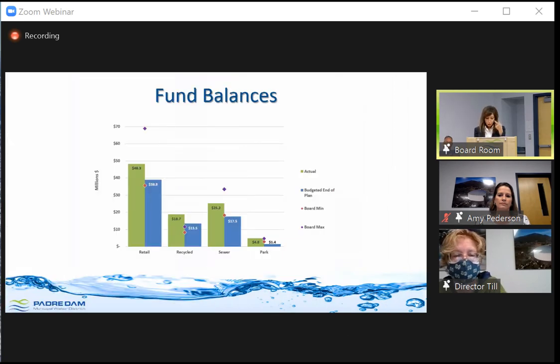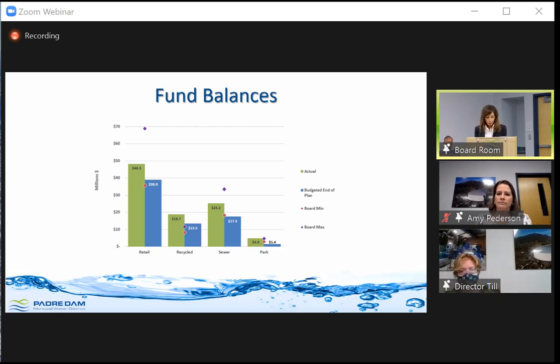This chart shows the fund balances again, with the budgeted end of the plan. It's the same information as the other chart, but this shows where we are now, where we expect to be, and then compared to the board maximum and the board minimum.